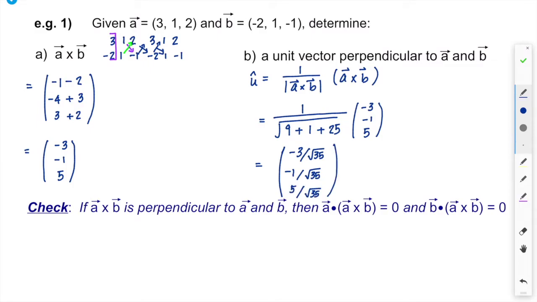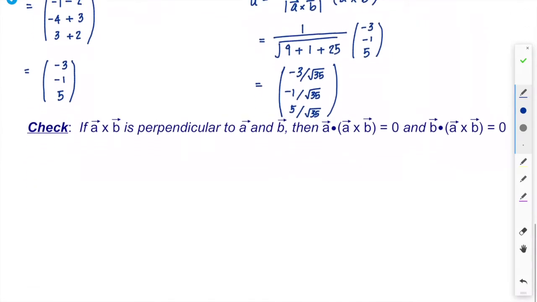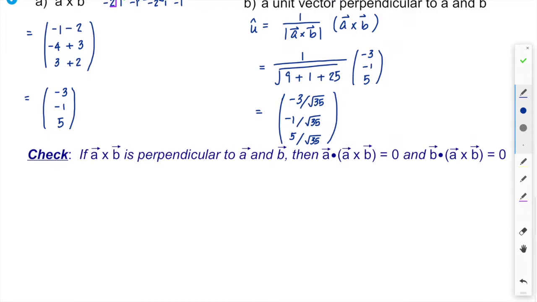And that's the unit vector that we are looking for. Now to check whether we have done this correctly, we can find the dot product of A dot A cross B, because if the two vectors are actually perpendicular, I should get a scalar of 0, right?